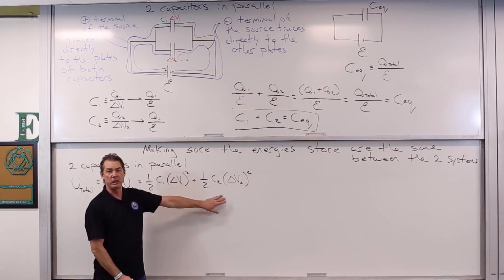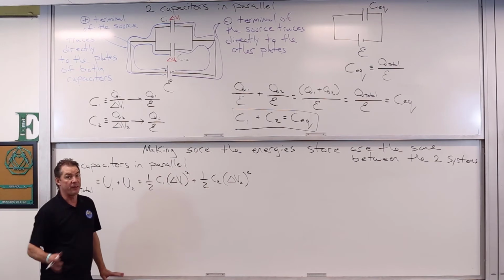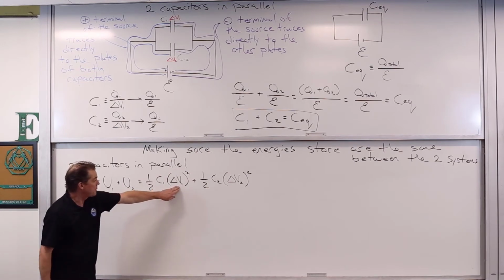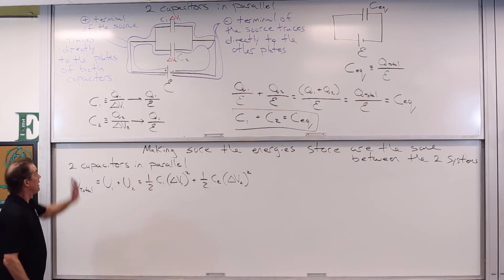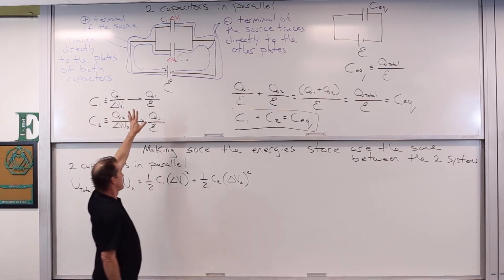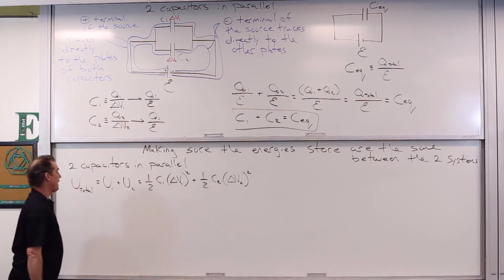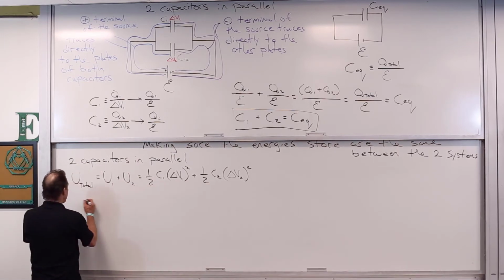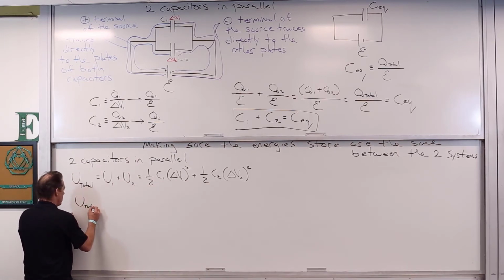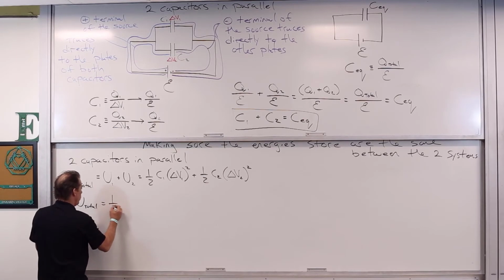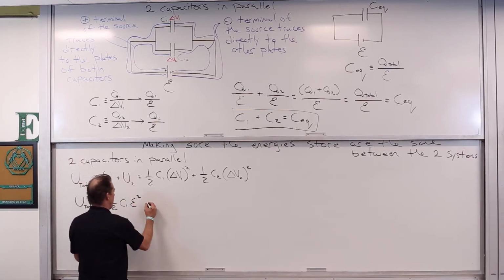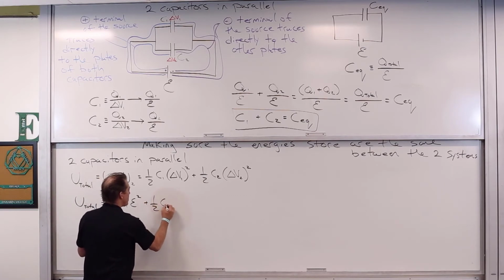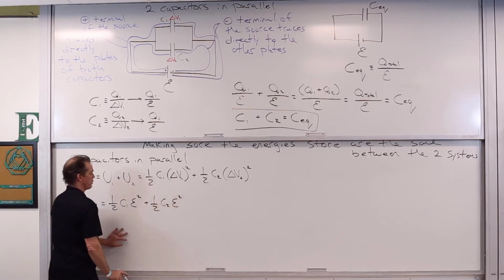So this is still really general here, but we also have that they're in parallel, so this potential difference and this potential difference have to be equal, and since those are the only 2 capacitors in the system, they also have to be equal to that of the source. So this U total is also equal to 1/2 C1 times the source potential squared plus 1/2 C2 times the source potential squared.